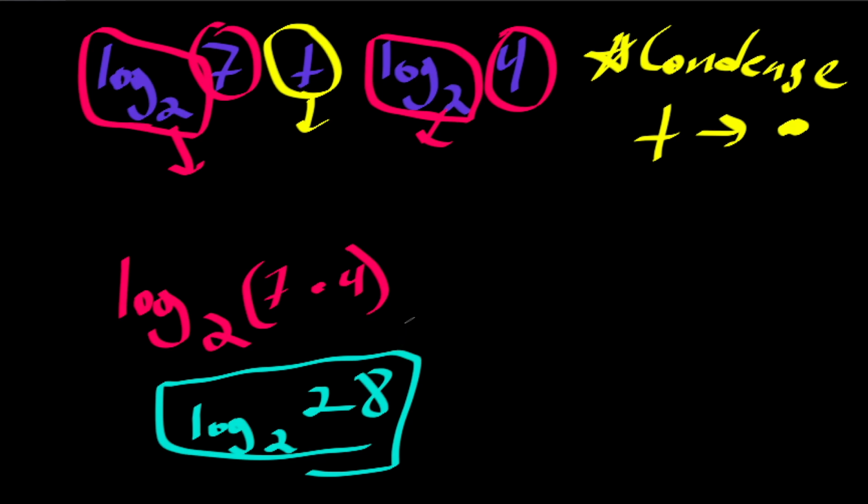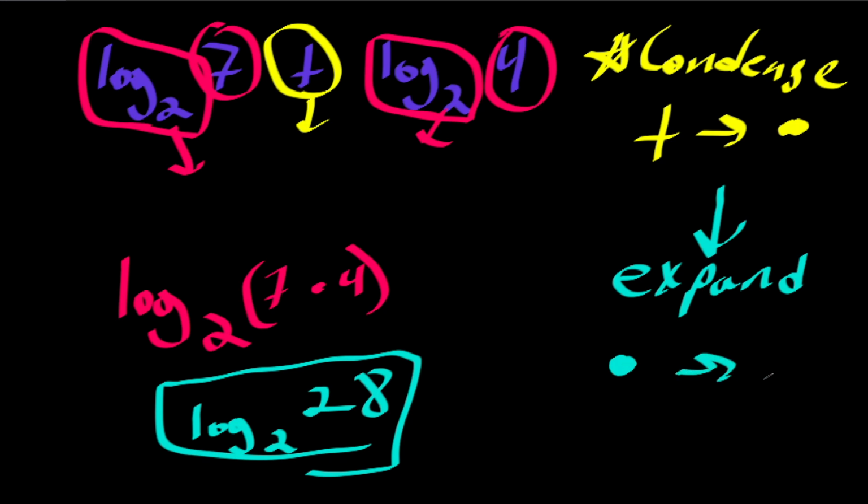Now let me show you expanding real fast with this same exact problem, because expanding is just going in the opposite direction. When we expand a logarithm, we start off with a single logarithm, and if we have multiplication, we can use that to tell us to add. So let's say I give you log base 2 of 28.